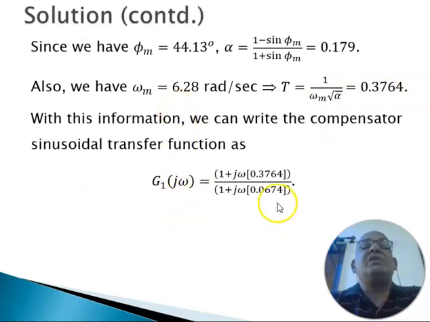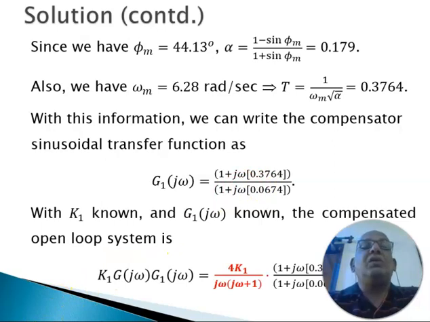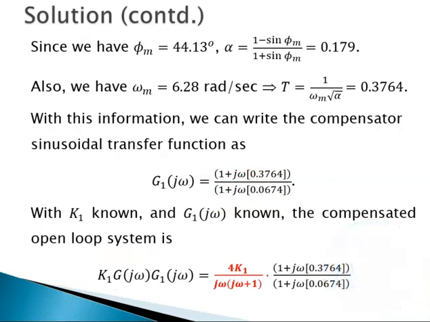With this information, we write the compensator to be something like this: 1 plus j omega T by 1 plus j omega alpha T. With K1 known and G1 of j omega also known, the compensated open loop system is K1 G of j omega, which comes out to be something like this.